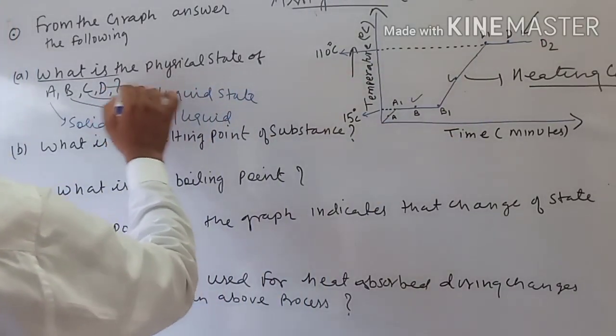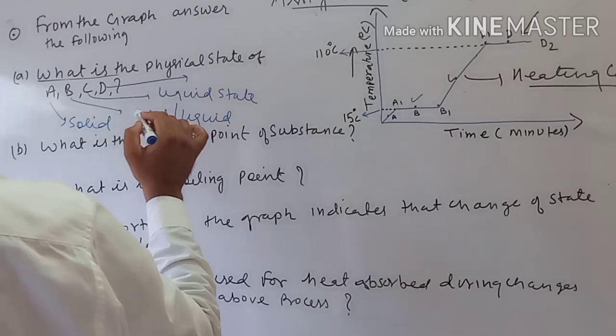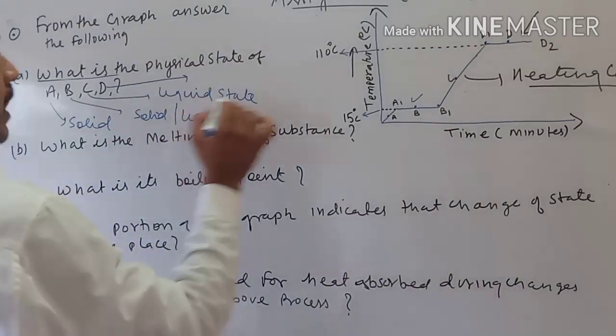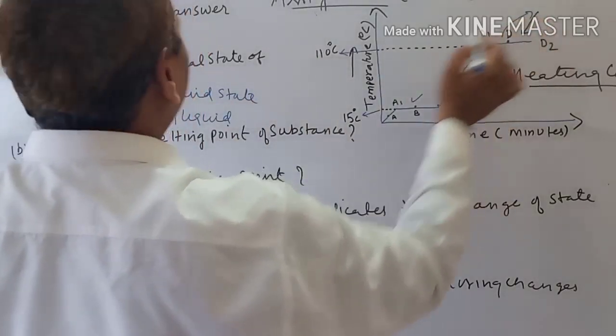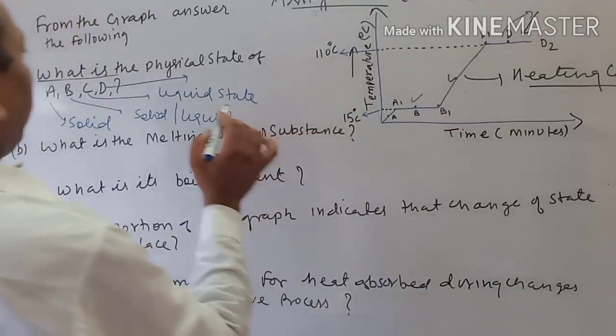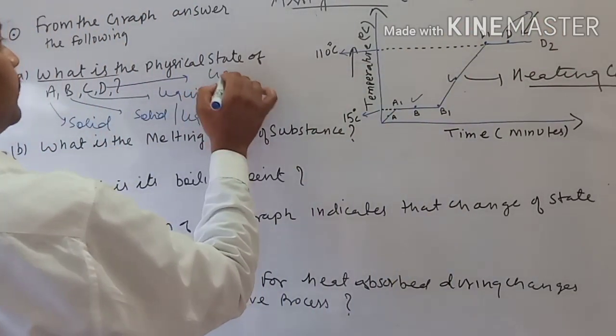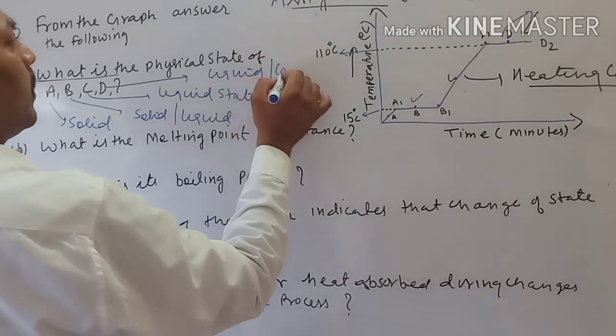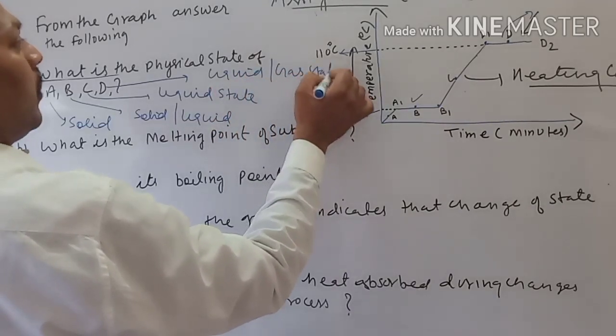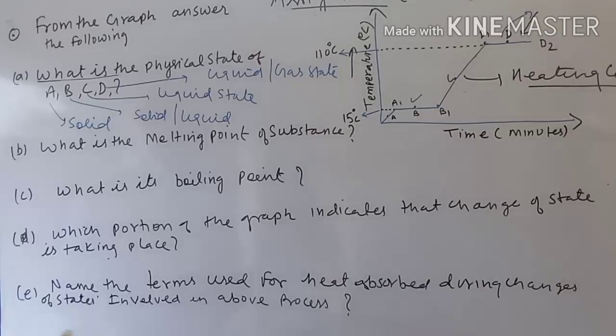Now you see here D. D is a state, very simple, where it is liquid or gas. Okay children, this is clear.